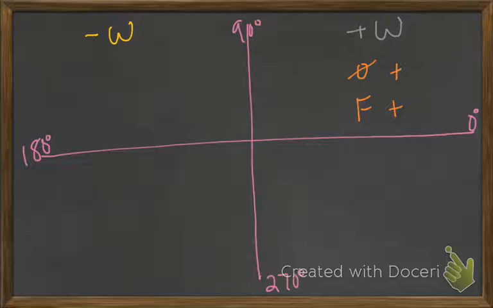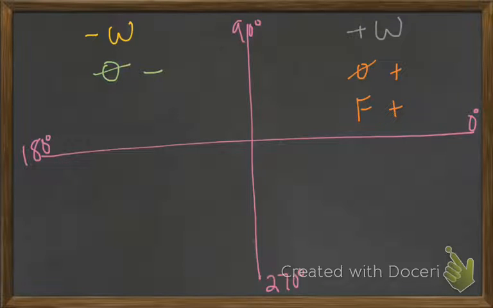How would you describe theta here? Negative. And how would you describe the force? Negative. Okay, this is where he was pulling the back end of the car with a force.